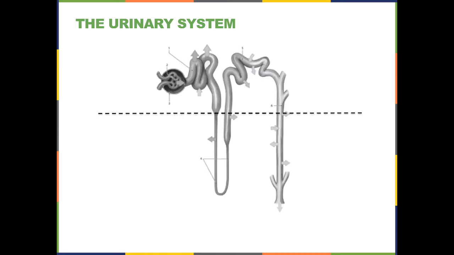Now, the functional unit of the urinary system is the nephron. And this is a picture of a nephron. The interesting thing about the nephron, as you look at it here, is that part of the nephron is in the cortex, and part of it is in the medulla.